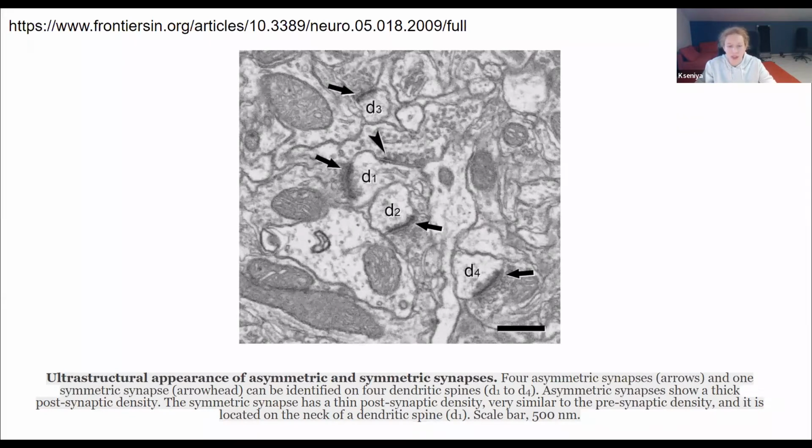Therefore, at the beginning of the 19th century, they were able to discern various details of the neural tissue, but not whole individual neurons.